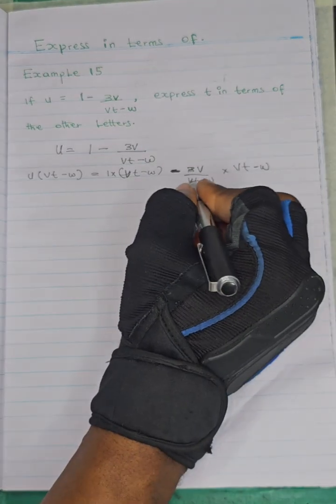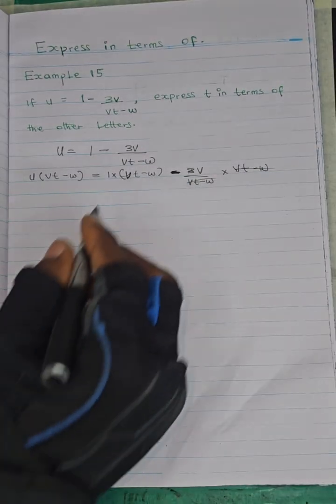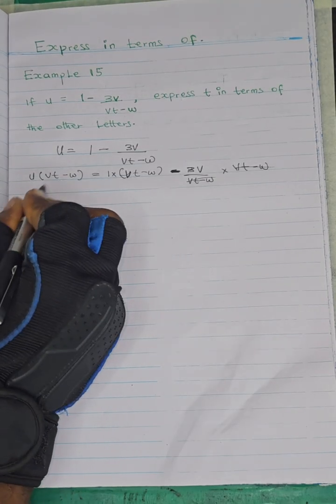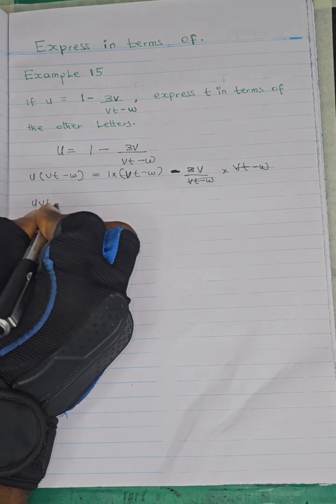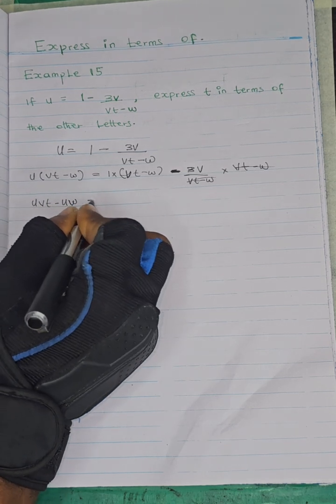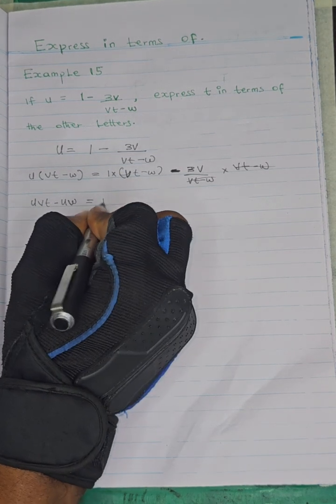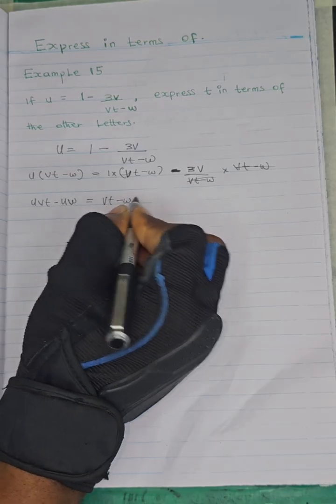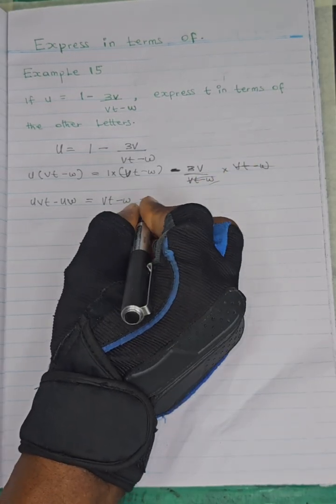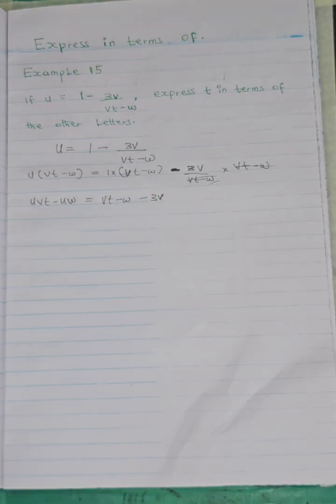So when you start solving, this will cancel out this. Then you have u multiplied by vt, you have uvt minus u multiplied by w, uw, is equal to 1 minus 3v, so the vt minus w cancels out, and you are left with only 3v.